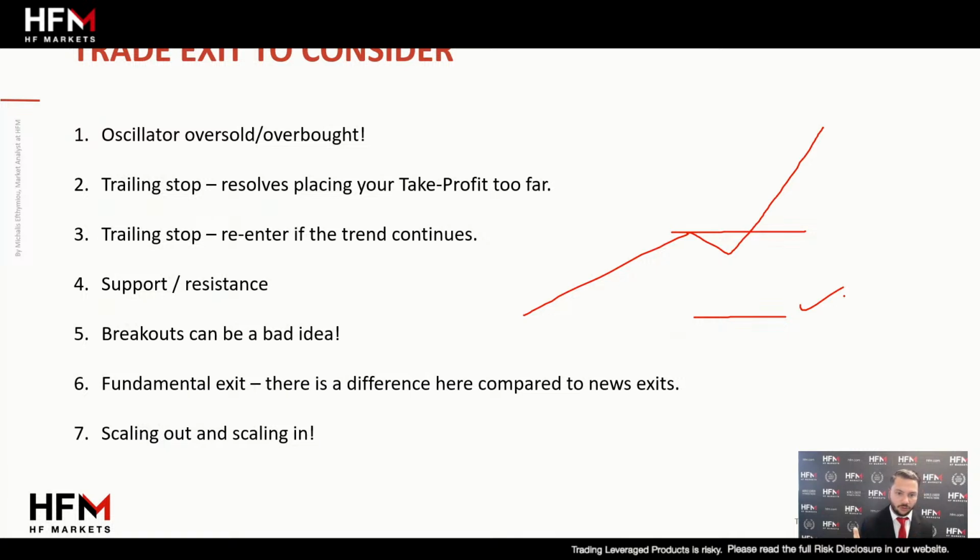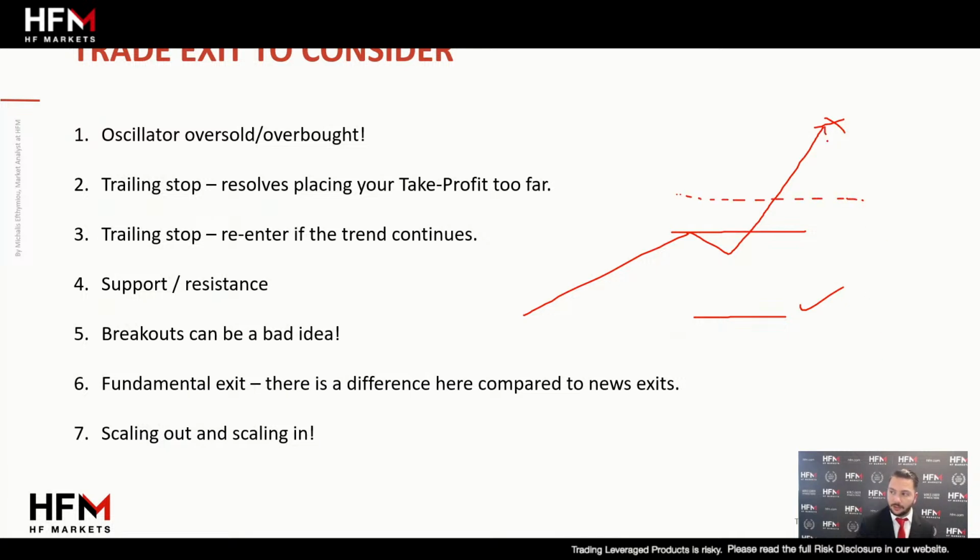But a trailing stop basically follows the price as it keeps moving up. So you set a percentage below that you want the trailing stop to be. For example, you can set it at 1% below the current price. So if the price increases, like it has now increased to here, your trailing stop will actually be at this level.